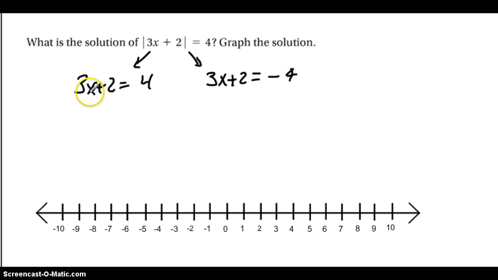Then solve. Subtract 2 from both sides. Then divide by 3. Subtract 2 from both sides. Remember, negative 4 minus 2 is going to leave us with negative 6 divided by 3.